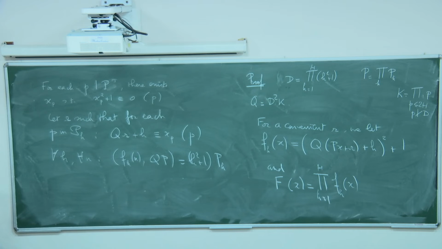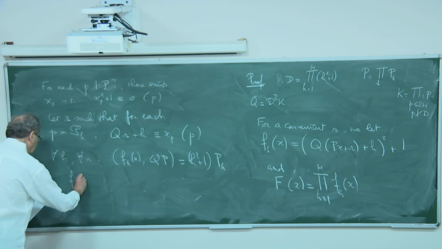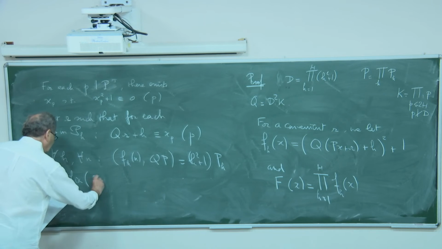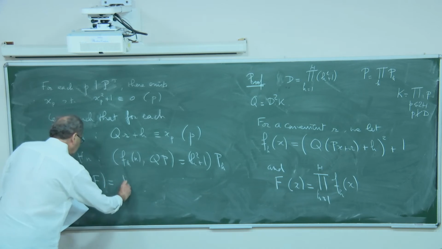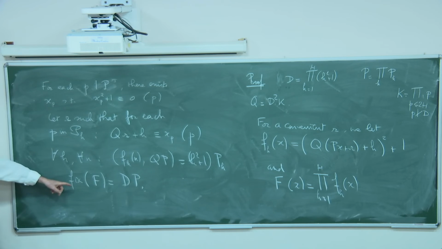We made this on purpose, and the fixed divisor of f is exactly d_P. This is not completely trivial. You really have to work on that, but when you have the construction, it's fine.